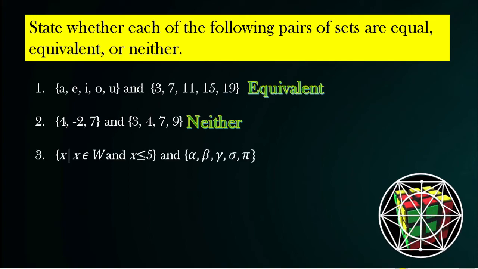Okay. Sige. Number 3. Let me read the sets. So, the first set is a set of all x such that x is an element of the set of whole numbers and at the same time, x is less than or equal to 5. Equal, equivalent, or neither. Neither.